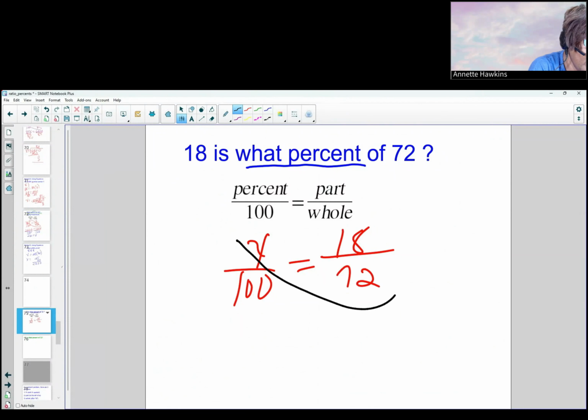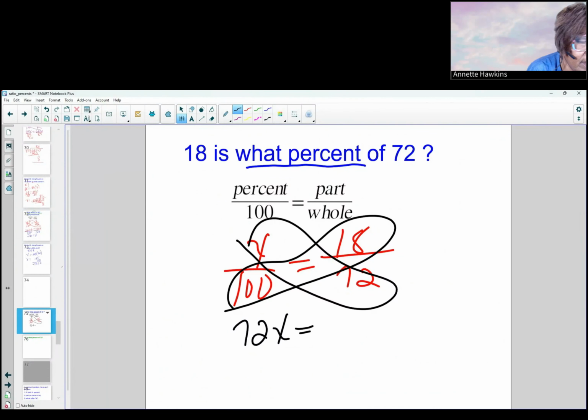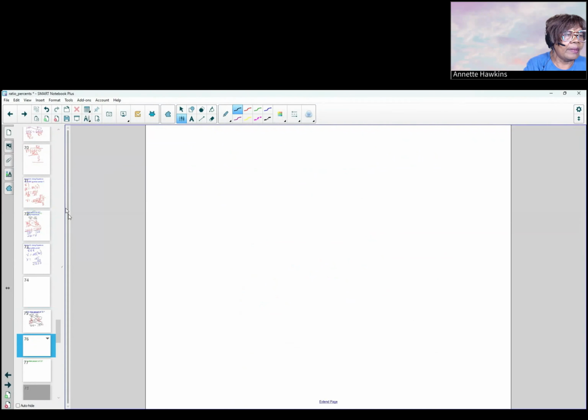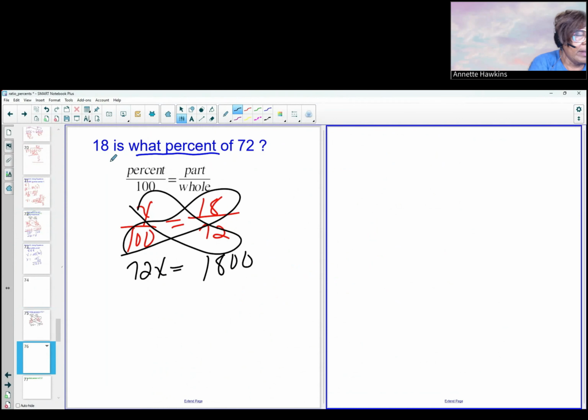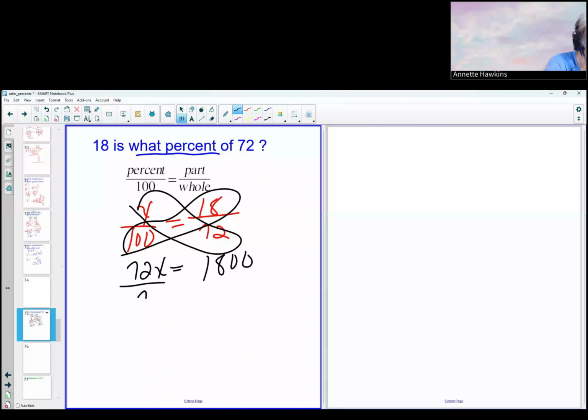So we say x times 72 is 72x. 100 times 18 is 1800. All right, so we divide 72 into 1800. Let's see what we get.